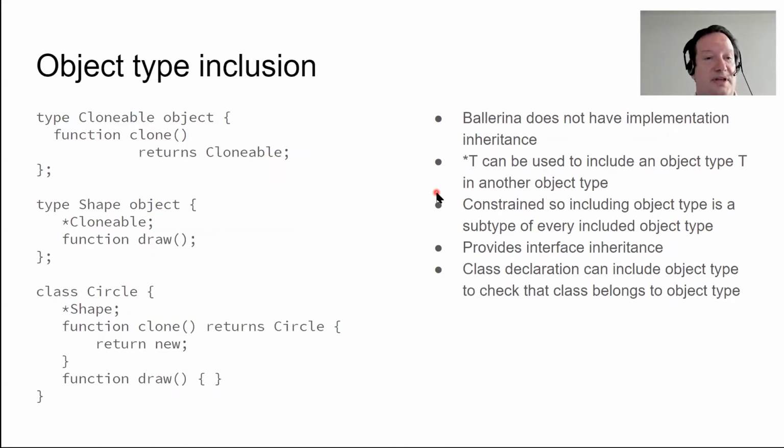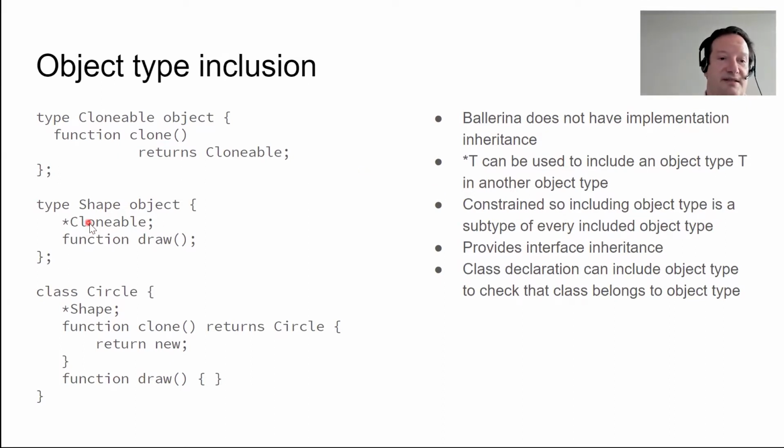So we saw including record types with star T. You can also include object types with star T. And you can use this in two cases. One is when you have a type include another type, and that is like having one interface that extends another interface. And you can also have a class that includes a type, and that's like a class that implements an interface.